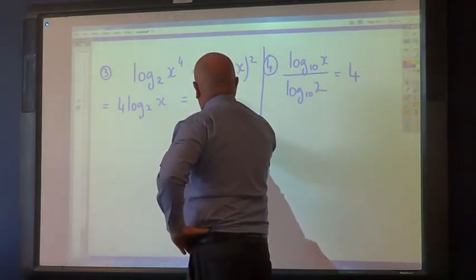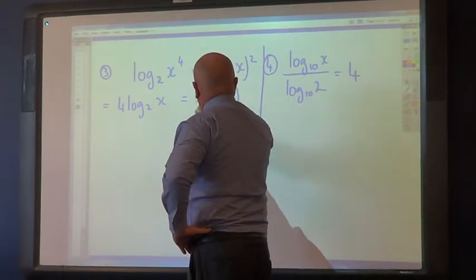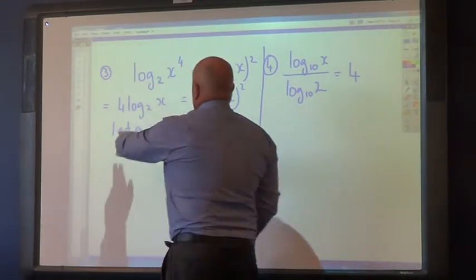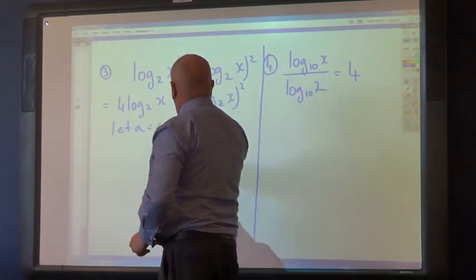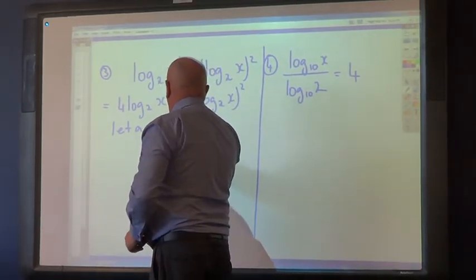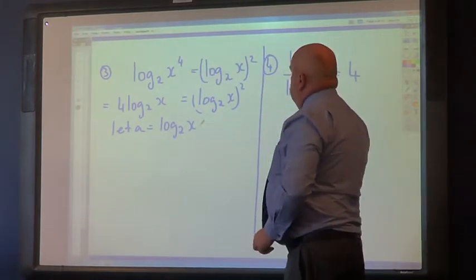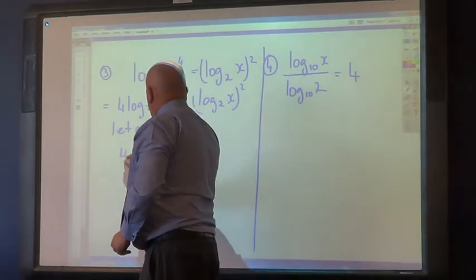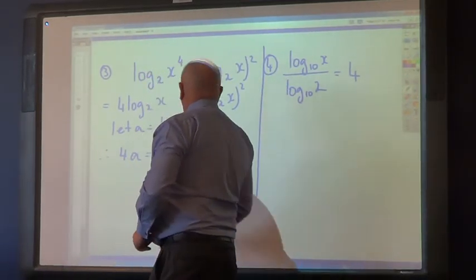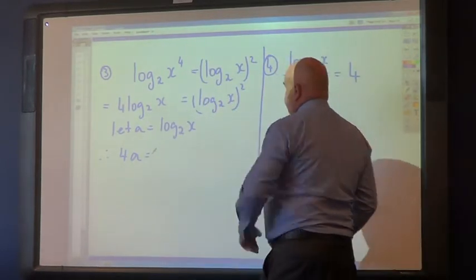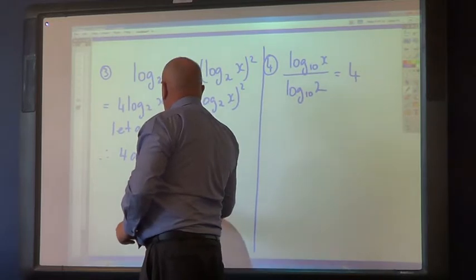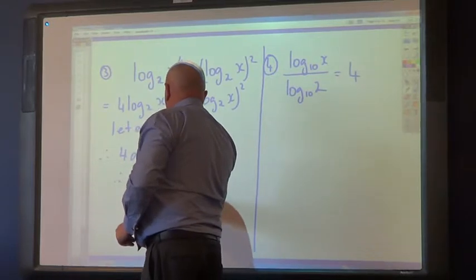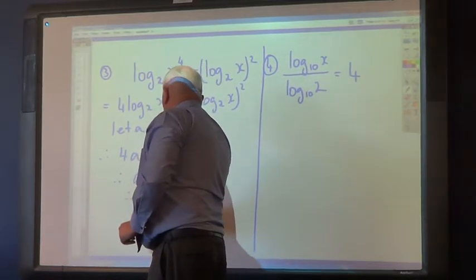So we're going to leave that as it is and say that we're going to let a equal, you can probably guess, log base 2 of x. And you can see from here that 4 times a, therefore 4a, is going to equal a squared. So let's take the 4a to the other side. a squared minus 4a equals 0.